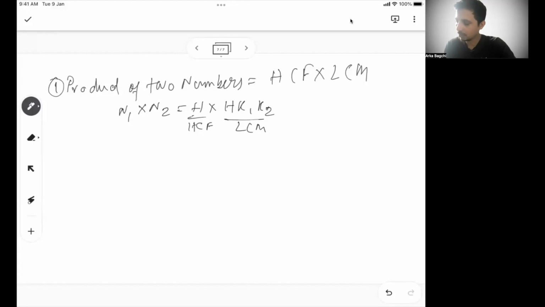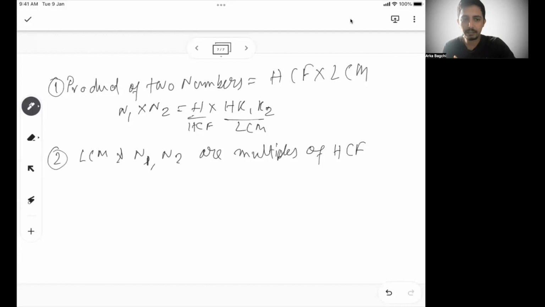So what we can say is, the LCM of the two numbers and the numbers N1, N2 themselves are multiples of HCF. Or HCF is a factor of both the numbers and the LCM.